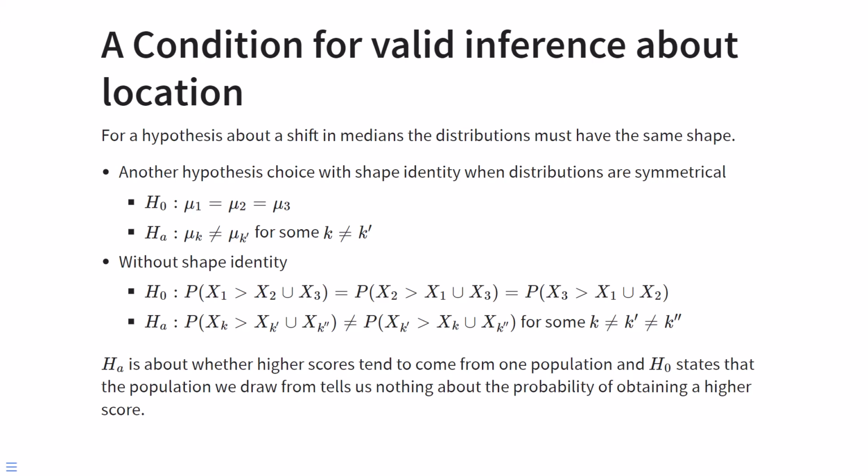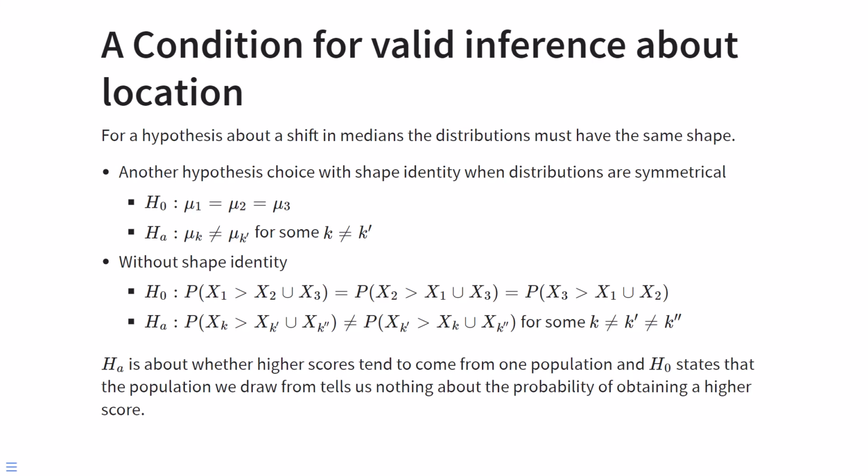But what if we don't have shape identity? In that case, the null hypothesis is that if we were to select a score at random from each of the 3 populations, the probability of a score being greater from one population than from the other 2 is the same for all 3 populations.